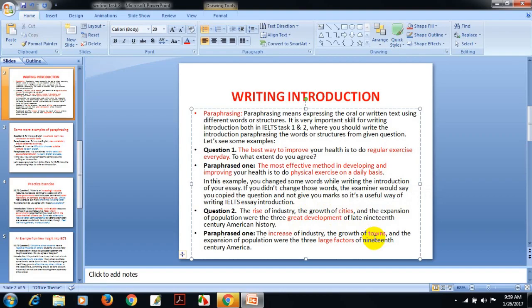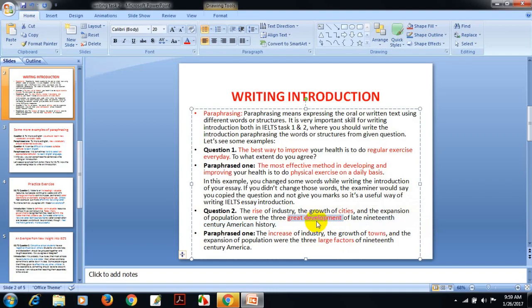That's also a skill. And the expansion of population, were the three great developments. Instead of great developments, you can say large factors, or you can say large improvements, large achievements of 19th century America.